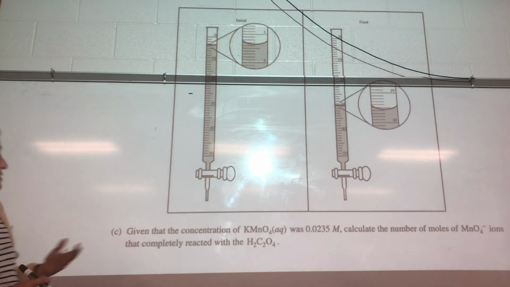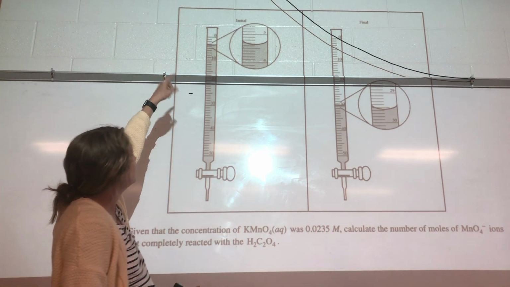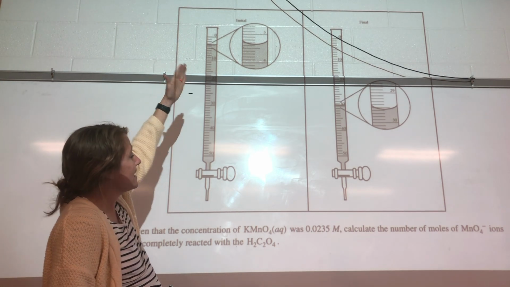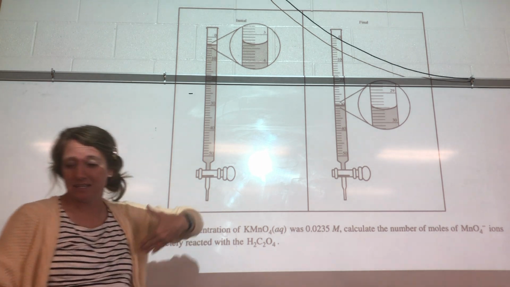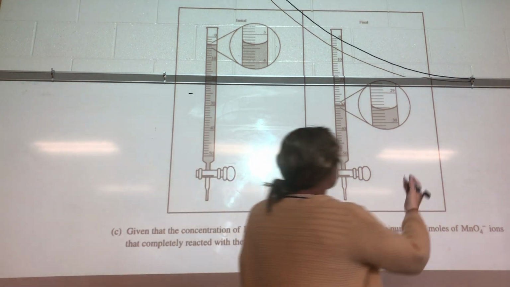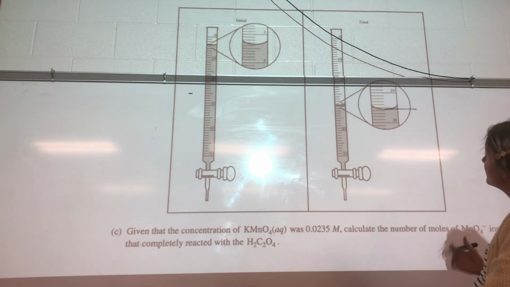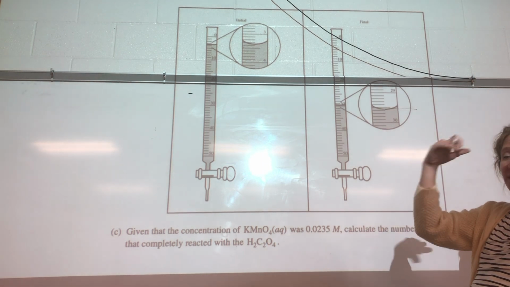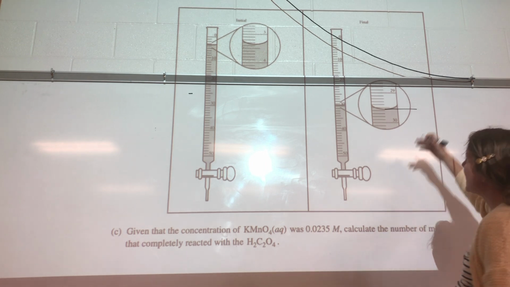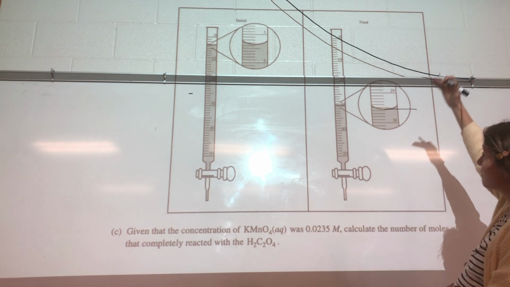Here's our picture. So pretty much for this one, you just take the starting point and subtract it from the ending point. The biggest thing to remember is that you always measure from the bottom of the meniscus, as well as that burettes are numbered backwards.